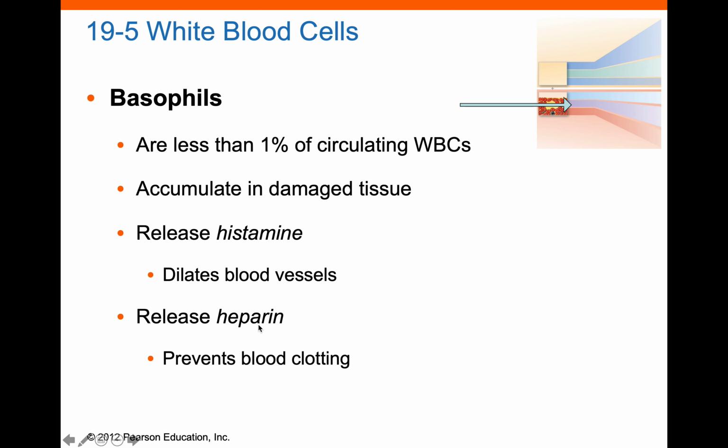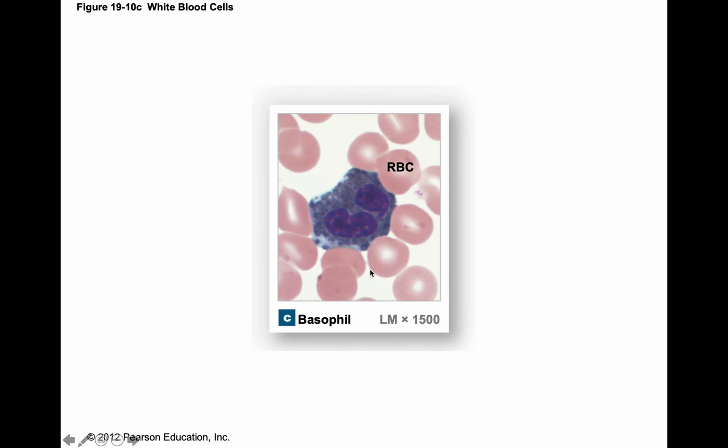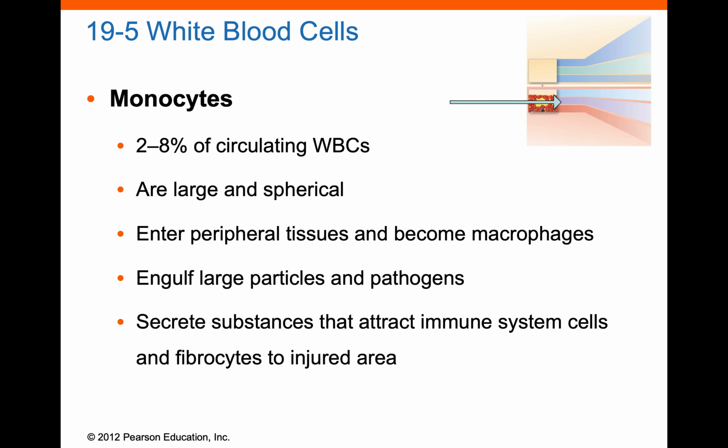They release heparin, which prevents blood clotting as well. So basophils will make the blood much thinner, and the blood pressure is going to drop if they release their histamines. And notice they have these dark granules. They are the ones that are storing the histamines.